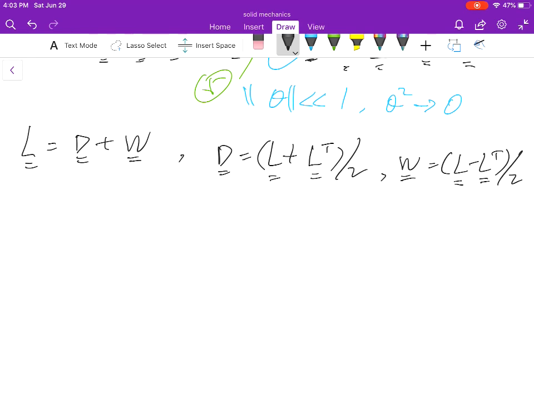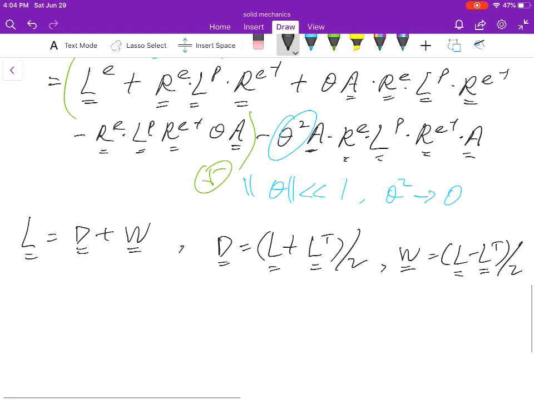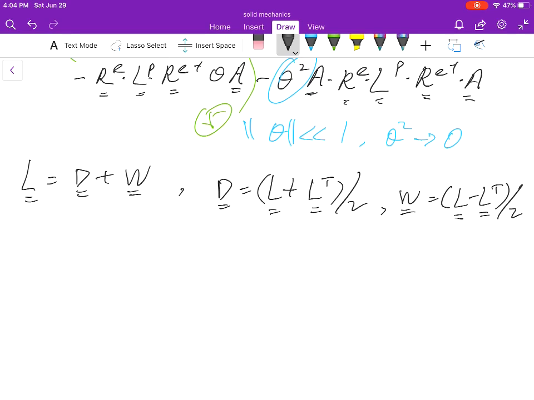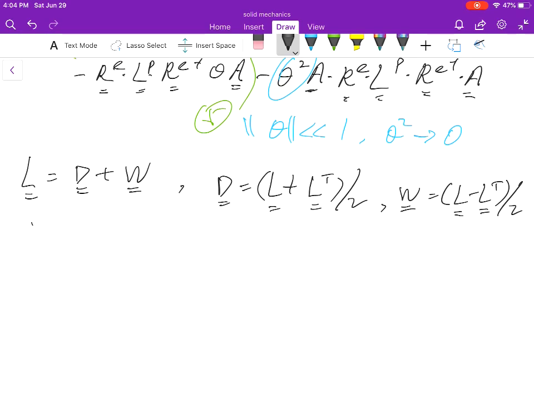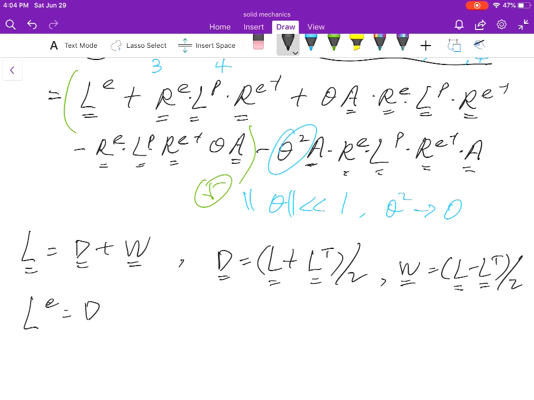So here, let's see. Just as what we write for our L, for LE and LP we can also write similar things. So for LE, we have DE plus WE, and for LP, we have DP plus WP here.